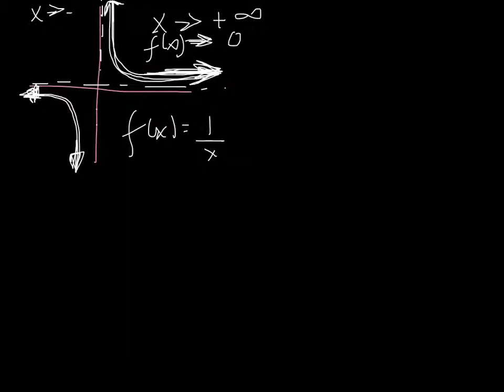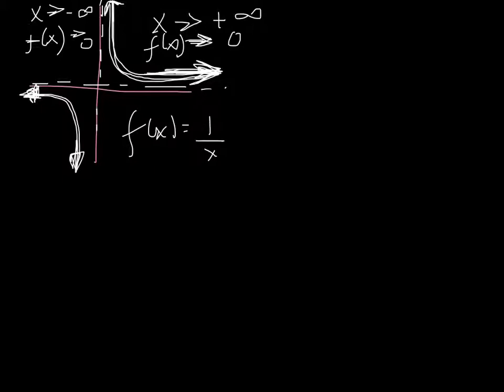As x gets smaller and smaller, let's see if I can write this better. Okay, sorry about that, guys. What's this doing? It's approaching 0 also. So let's write this in limit notation. And this is end behavior, how you define end behavior in limit notation.